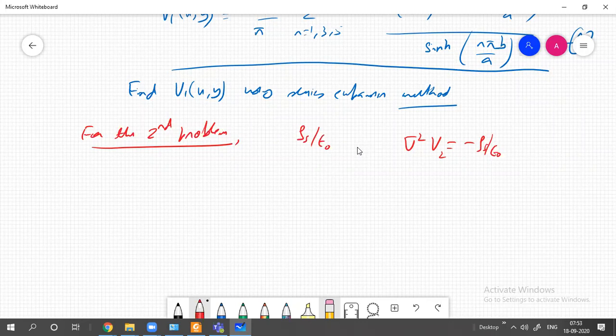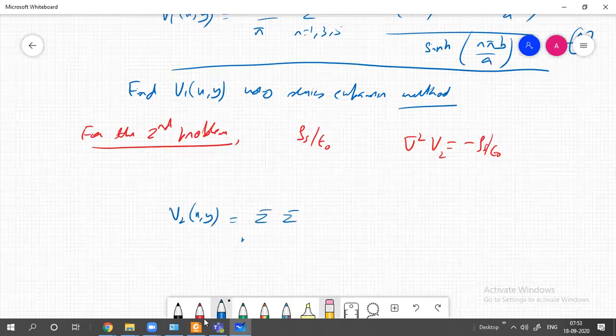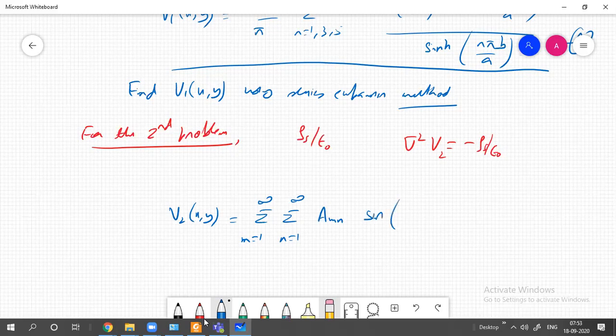Let us say that V2 of xy will be of the form, summation m equals 1 to infinity, n equals 1 to infinity, A of mn, sine m pi x by a, sine n pi y by b.